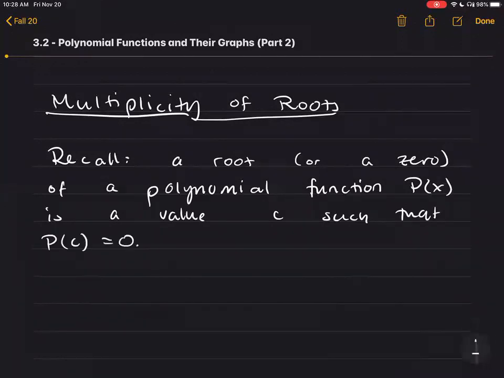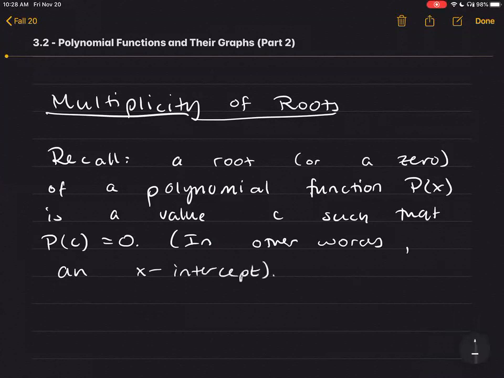In other words, it's an x-intercept. It's where the graph of the polynomial crosses the x-axis. It's where it reaches 0.